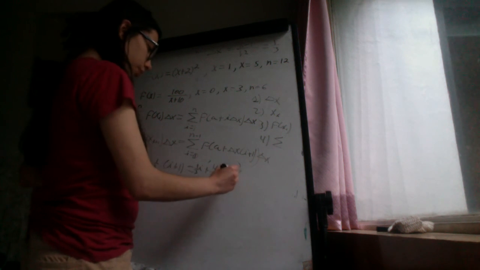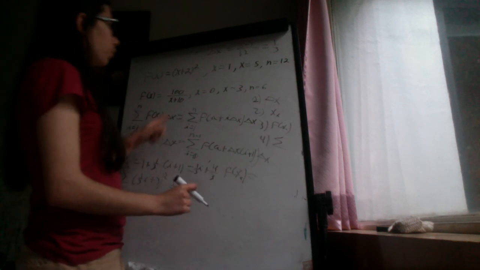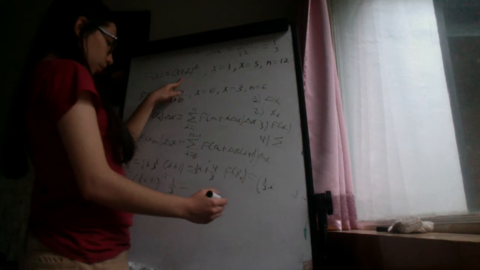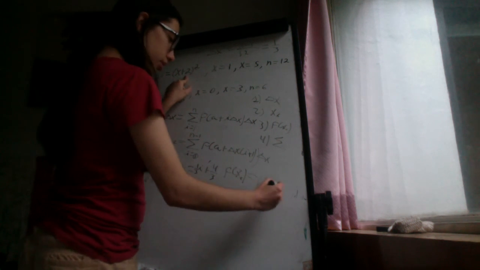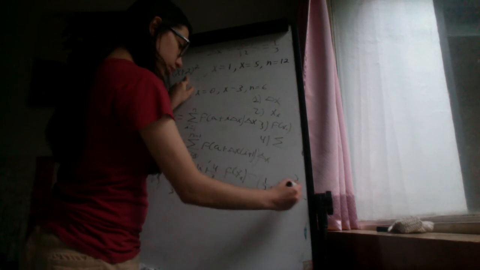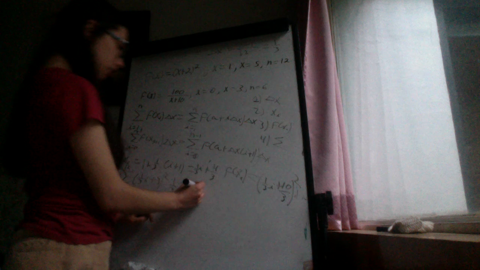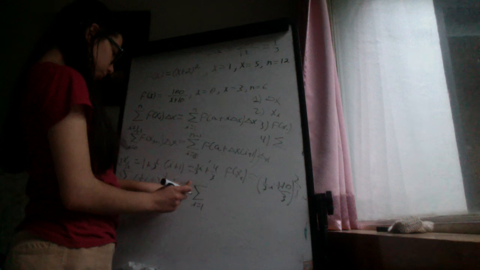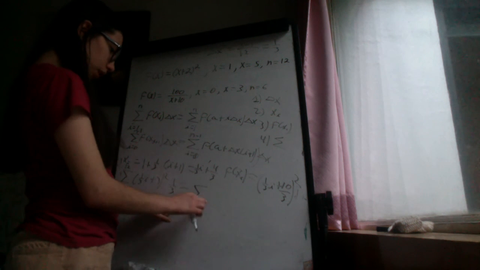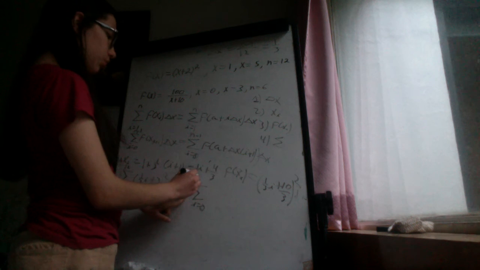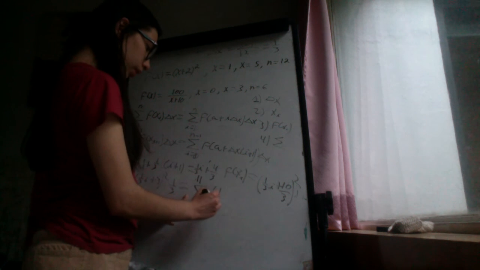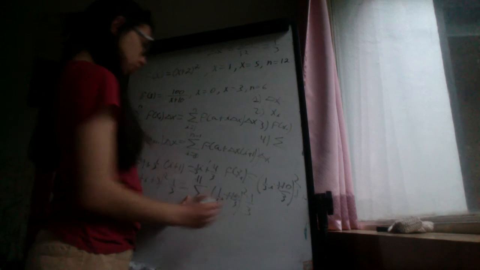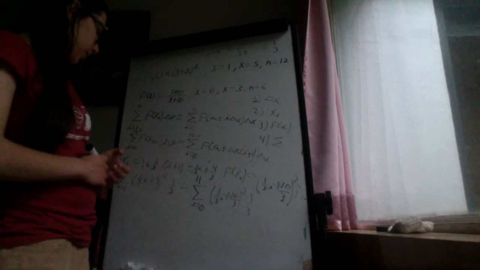So f of x sub i will be (1/3 i plus 10/3) squared. So this is the summation from i equals 0 to n minus 1, so to 11, of (1/3 i plus 10/3) squared times 1/3. This was the right Riemann sum expression.